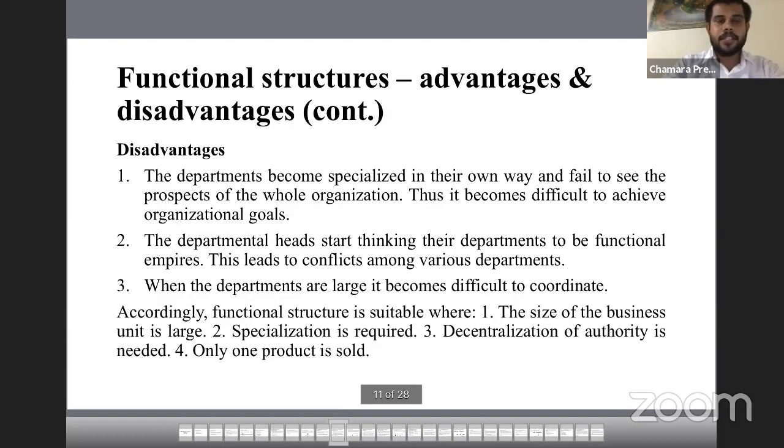Centralization means taking all the decisions by one person, and decentralization means you spread and divide that power and authority among different parties. That is decentralization. So if that sort of controlling method is required, then this functional structure is more suitable, and only one product is sold, right? If we have two or three products, we have to have separate departments. It's difficult. Say one product, we have all these functional structures, and then likewise it will work.